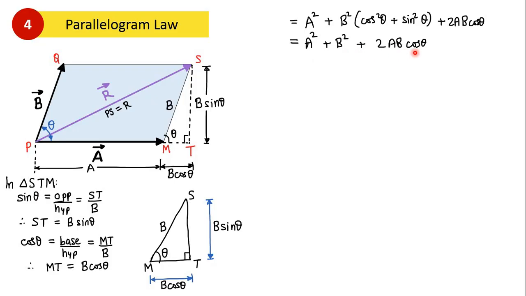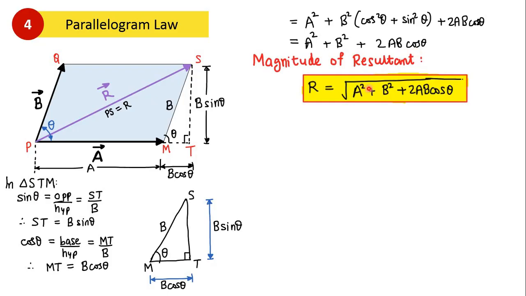So finally, by taking the square root on both sides, we find that the magnitude of this resultant R is equal to root of A square plus B square plus 2AB cos theta. So this is the formula for finding the magnitude of the resultant of the two vectors A and B. We must note here that the magnitude of the resultant is not equal to simply A plus B, simply the magnitudes of A plus B. It is A square plus B square plus 2AB under the square root.